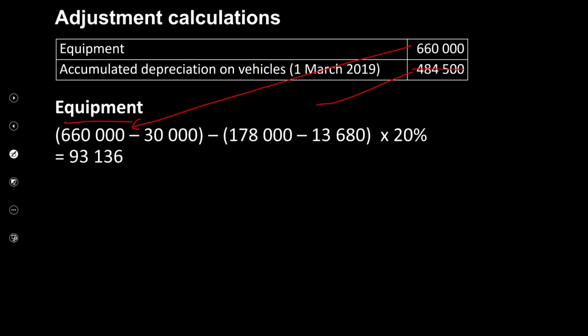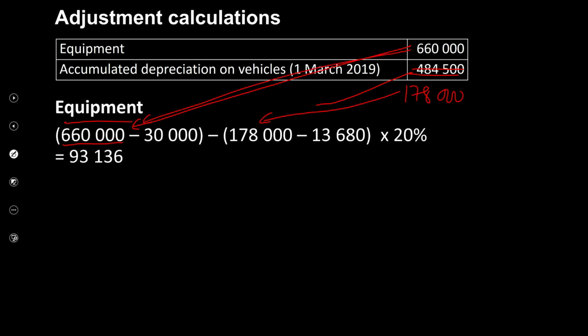This is incorrect. That's supposed to be 178,000. Clearly you can see there's the 178,000 in my bracket. So because it's diminishing balance, I need two brackets. Step number one, first 660 from my given information.